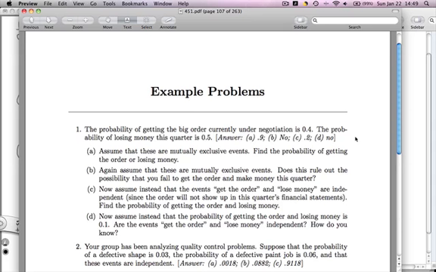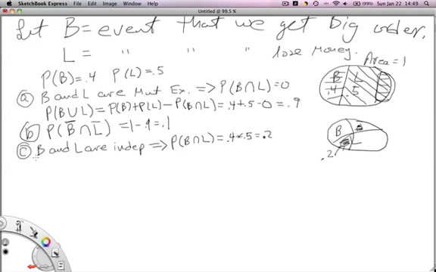All right, part D. Now assume instead that the probability of getting the order and losing money is 0.1. Are they independent? How do you know? In part D, we're told to assume that the probability of B and L equals 0.1. So are they independent?